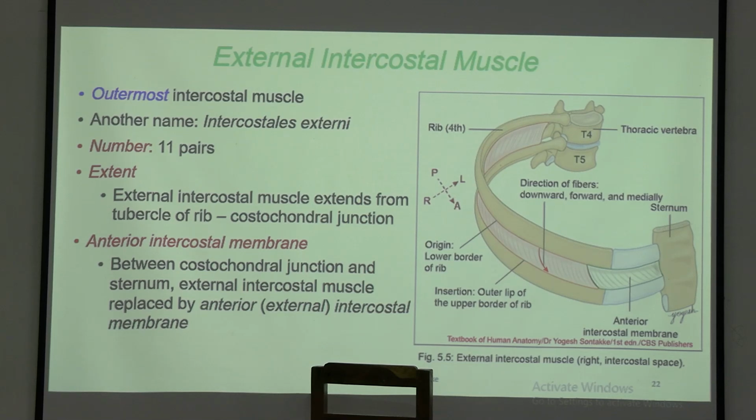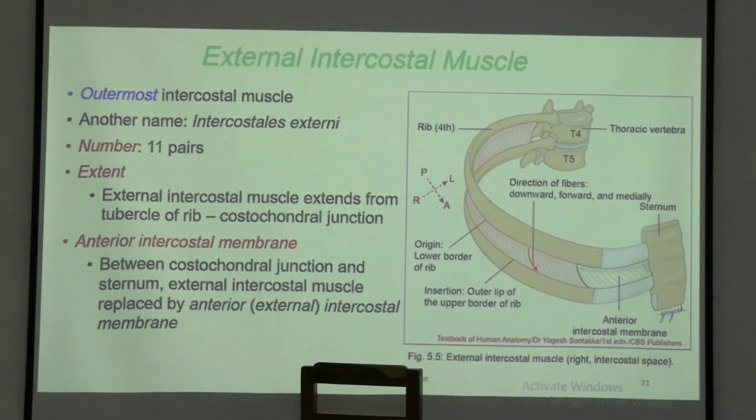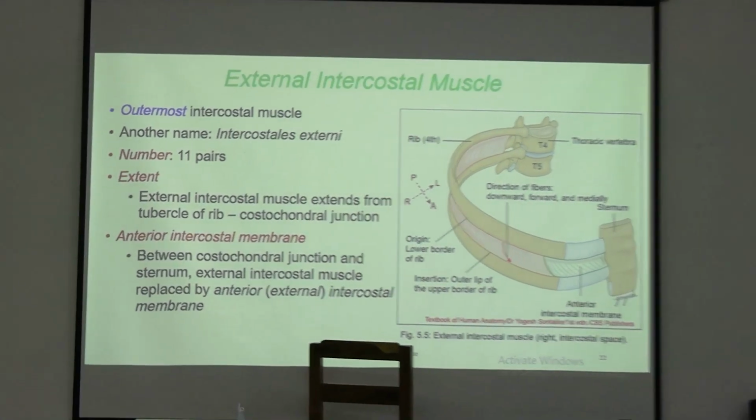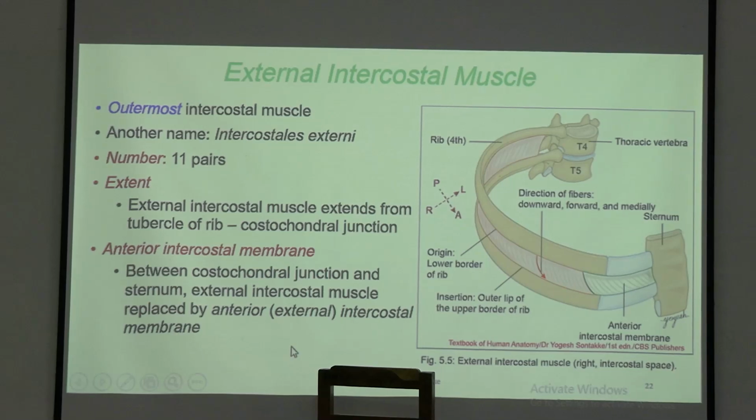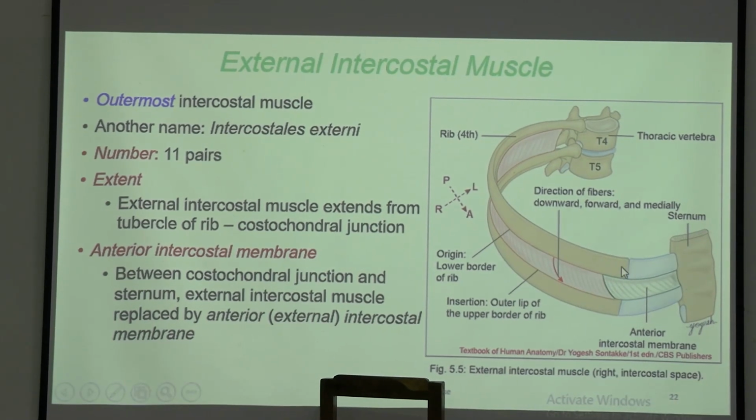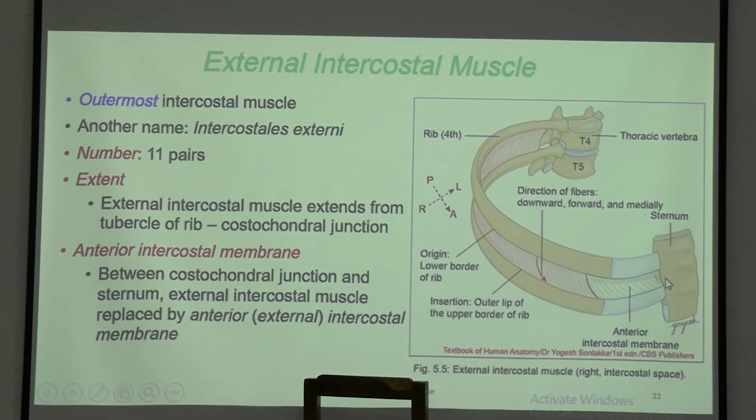There is no muscle fiber. It is called the anterior intercostal membrane. This same external intercostal muscle becomes a membrane.